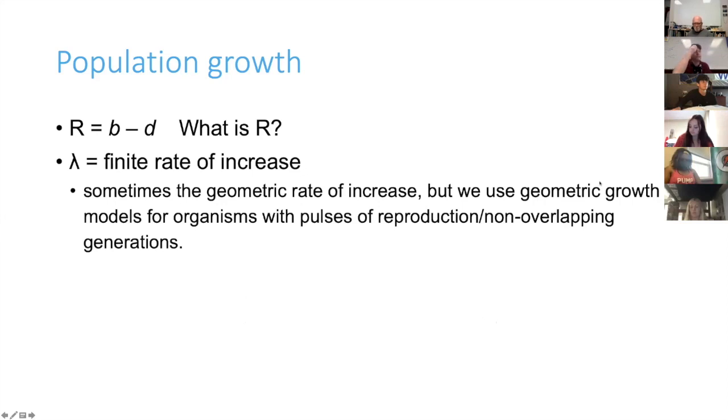So before we show you the shortcut, let's go through a couple other terms. There's this value capital R that I want you to see. And this is calculated using that birth rate minus the death rate. What do you get if you subtract b minus d? Six.